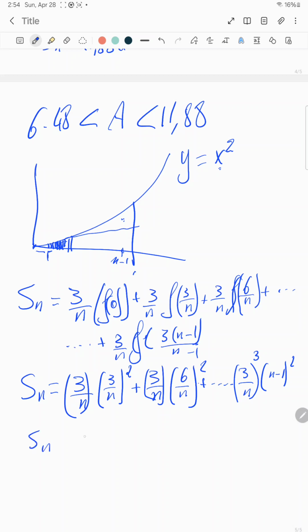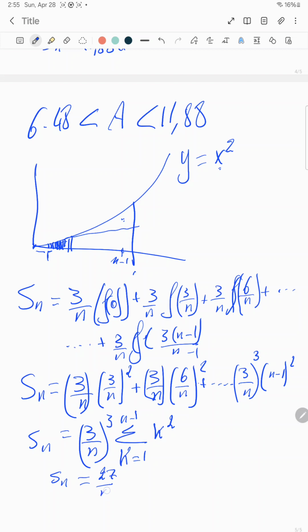So my Sn will become 3 divided by n to the power of 3, sum of k equal 1 to n minus 1 of k squared. And if I want to apply the formula, my Sn is equal to 27 over n cube times, I will start, because I have n minus 1, so my formula would be, let's see the formulas, I have them written here.